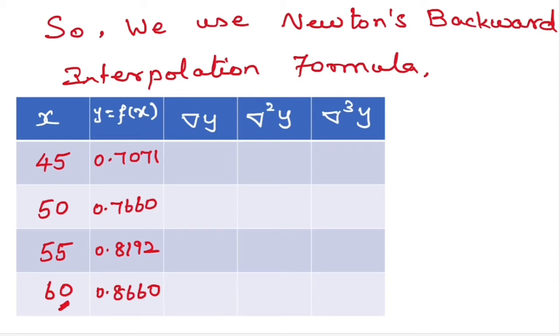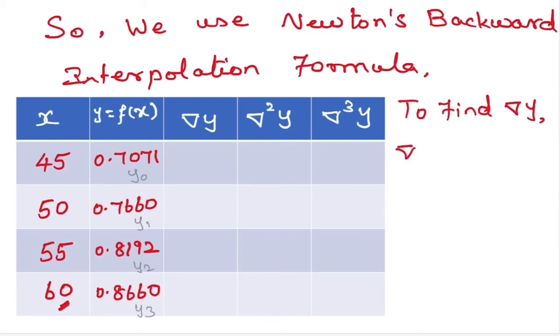Now we construct the difference table for this. Write the x values in their respective columns, and now we have to find del y, del square y, and del cube y. So this is your y0, this is your y1, this is your y2, and this is your y3.